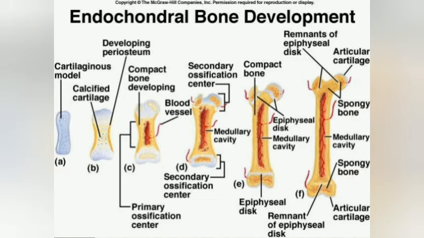And the secondary ossification which occurs after birth is generally responsible for the formation of the epiphysis of long bones. When you see the picture of long bones, it is clear that the main shaft of the bone is the diaphysis, and the rounded head of the bone is the epiphysis.